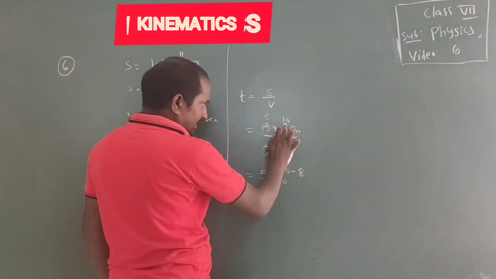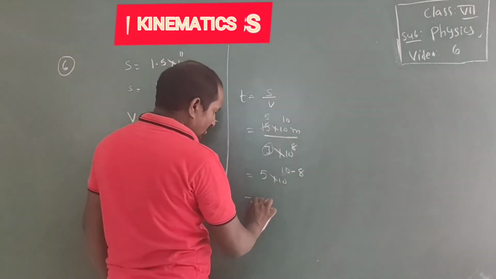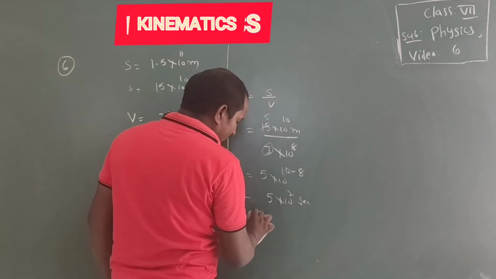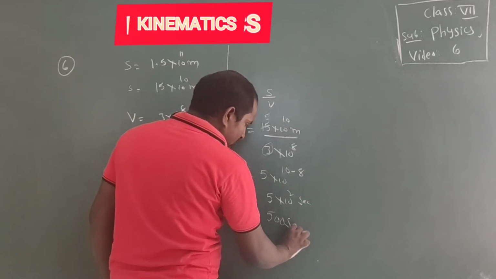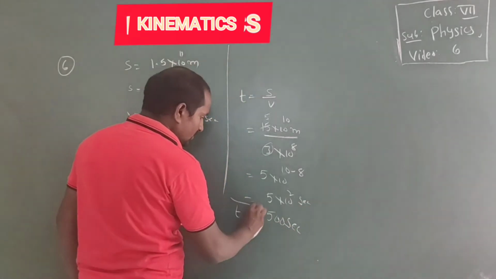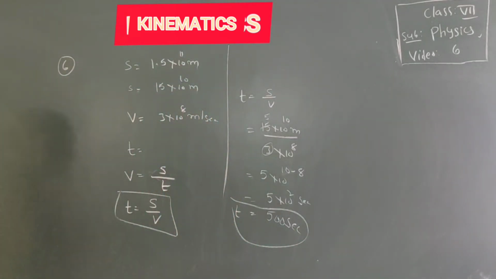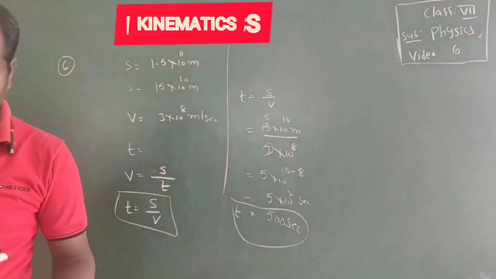So here 10 power 10 minus 8, that is equal to 5 into 10 power 2 seconds. We can write here 500 seconds. Here t equal to 500 seconds. The light ray takes 500 seconds to reach the earth from the sun.